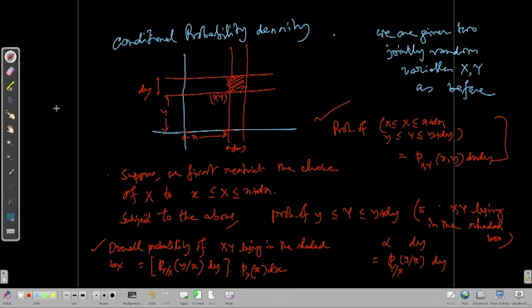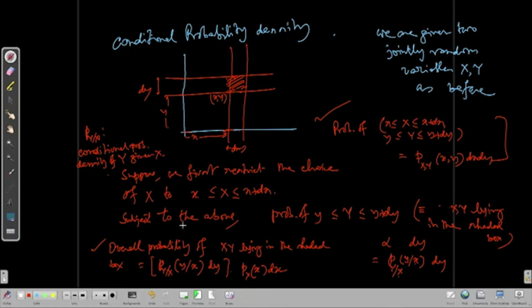This is called conditional probability density of y given x. So, these two are same.